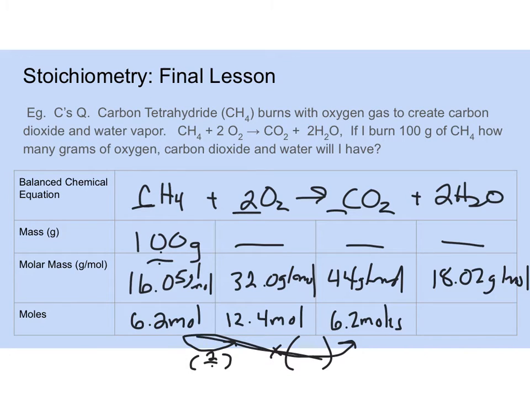And then if I want to get all the way down here, I'm going to have to multiply by 2 over 1, which is going to be the 12.4. Now all I have to do with my remaining is just multiply to go back up. Whenever I go down, I divide.